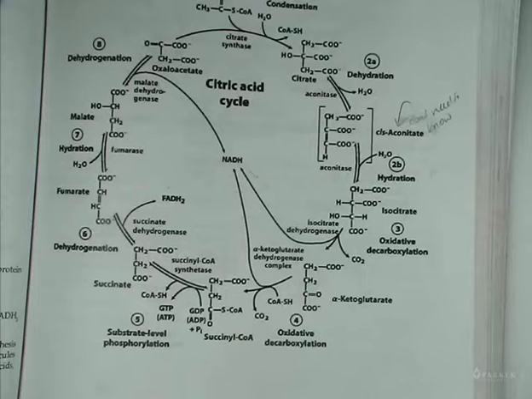So they're making the same thing. Why are they different? Because those two, malate dehydrogenase and succinate dehydrogenase, are only making FADH2 and NADH. The ones down here, alpha-ketoglutarate dehydrogenase and isocitrate dehydrogenase, are releasing carbon dioxide. That's where they're different.